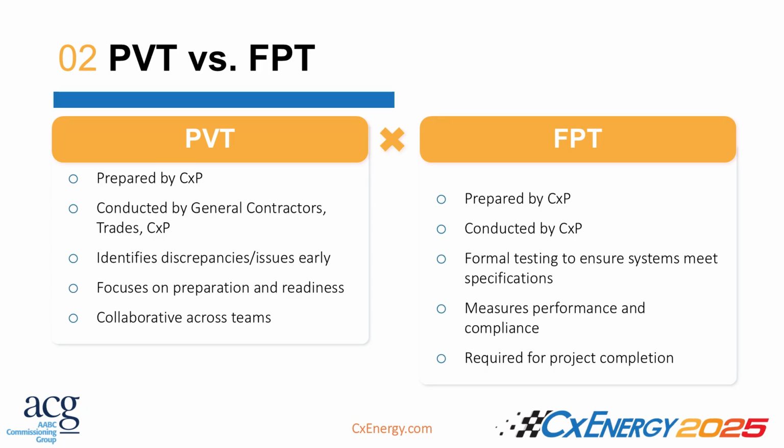So if things come out of that, RFIs get generated, there's still time to answer that. With 2 weeks left, we want to move into the building, so we don't want to have any hiccups. So by the time we do functional testing, the test passes, it's a dog and pony show, everybody walks out, we're all happy. So it's a chance for the contractors to really kick the tires, I say.